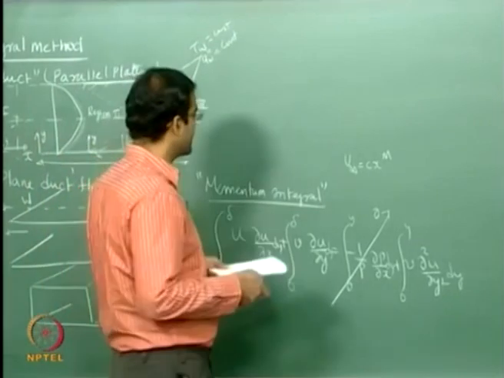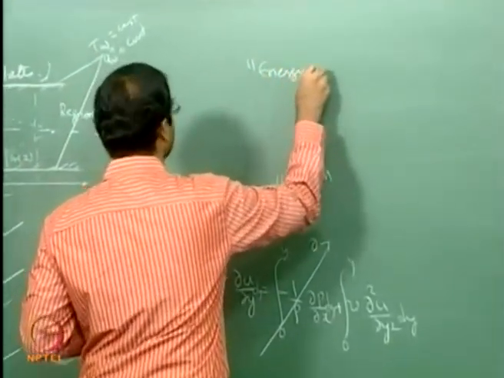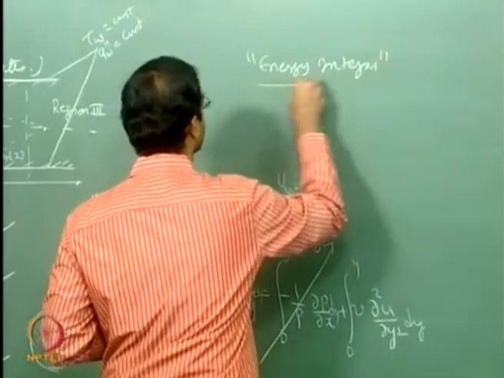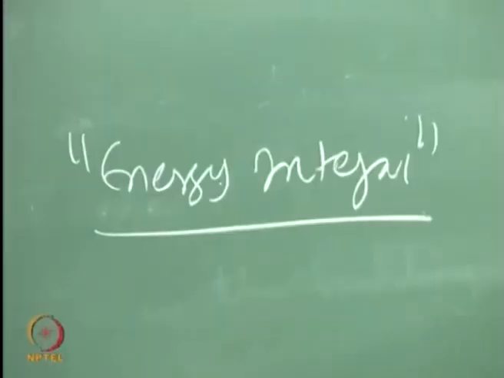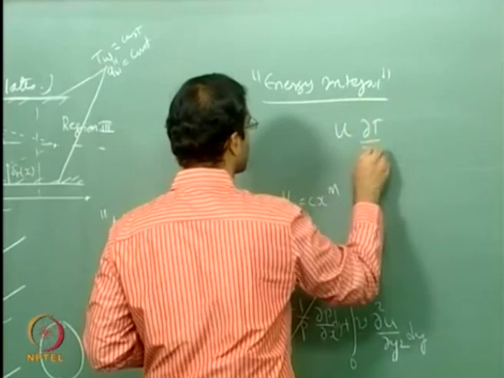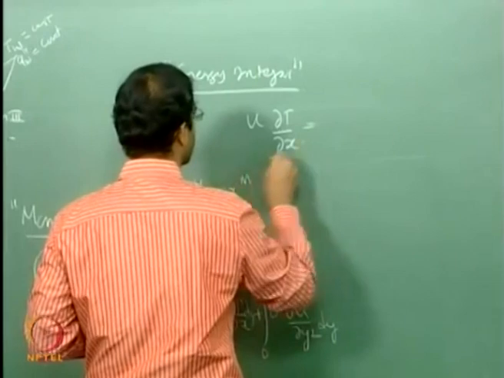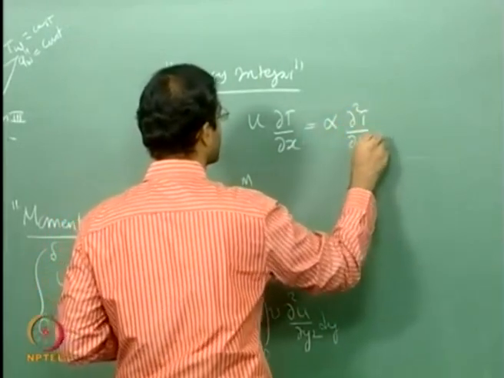Coming to the energy integral, in the 2D plane duct case, you can of course write your energy equation, which is u dT by dx is equal to alpha d square T by dy square.